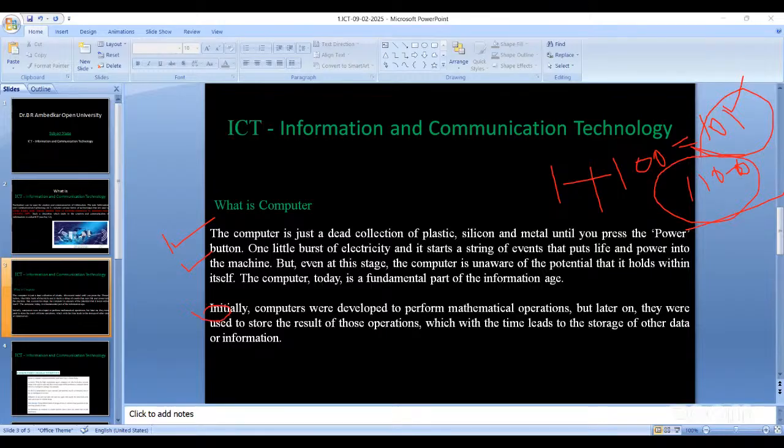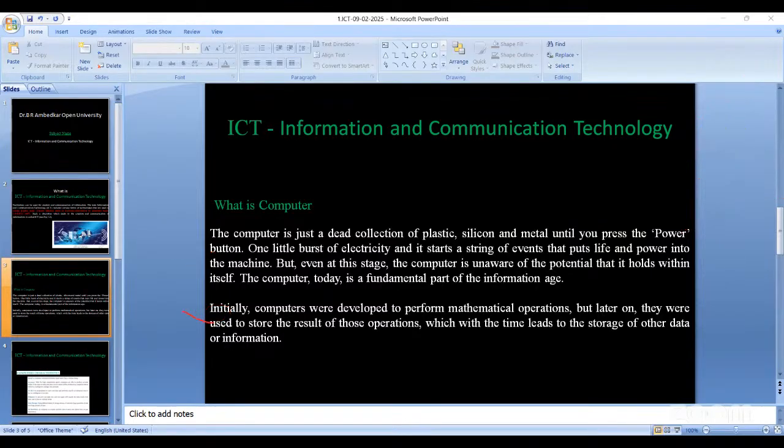So here is no IQ. Why is it called no IQ? Because we are training the computer. It is not taking the data on its own automatically, it is not analyzing the data on its own automatically, and it is not replying with the answer on its own automatically.